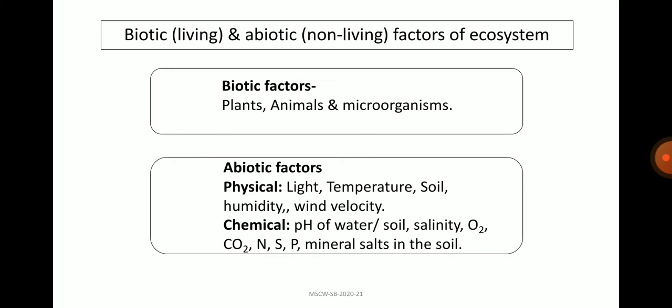These are also called the living factors, and they are in the form of plants, animals, and microorganisms, while abiotic factors are the non-living components, which are physical, chemical, etc. So physical agents are light, temperature, soil, humidity, wind velocity, while the chemical factors are the pH of water or soil, salinity, oxygen, carbon dioxide, nitrogen, sulfur, phosphorus, mineral salts in the soil, etc.